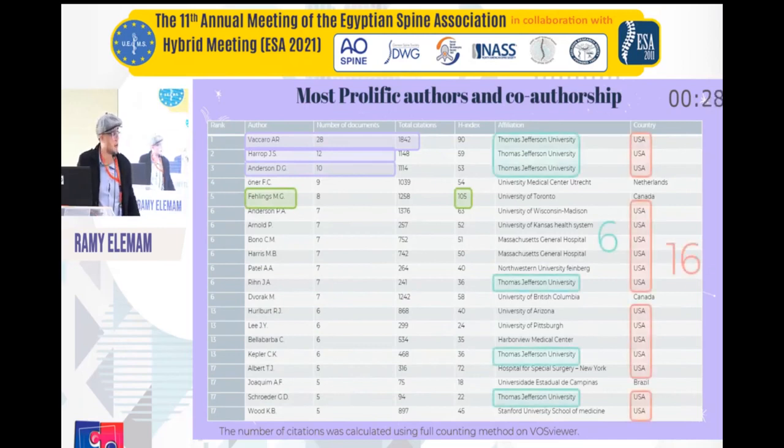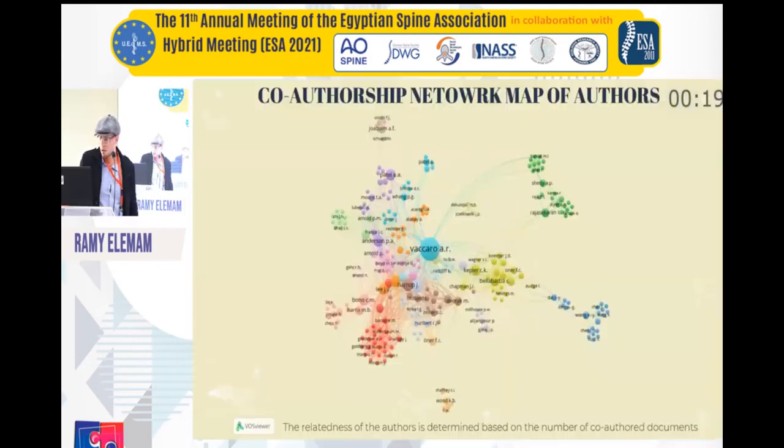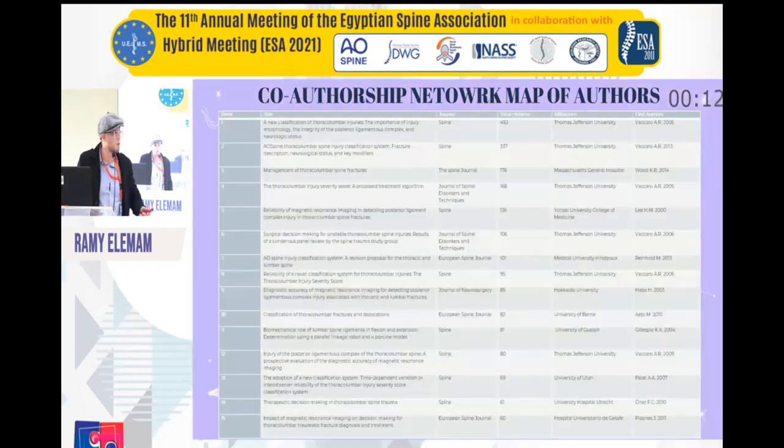Most of the top 20 authors came out of the USA, and Thomas Jefferson University had 6 of the most prolific authors. And this is also a co-authorship network map of authors. Due to time restraints, I would like to explain it more, but I wouldn't be able to right now.